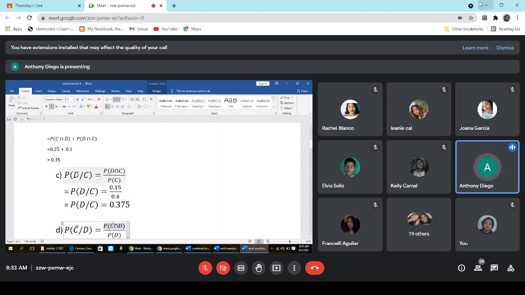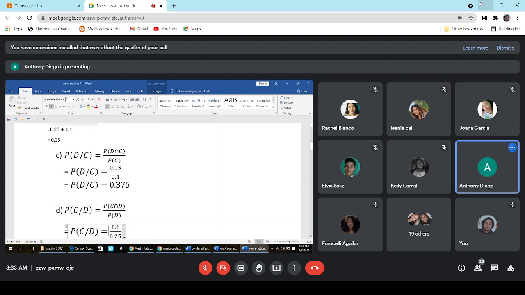This is the probability of C complement given D. So we have found the probability of a person that owns a dog but not a cat, or doesn't own a cat but owns a dog. That is 0.1.